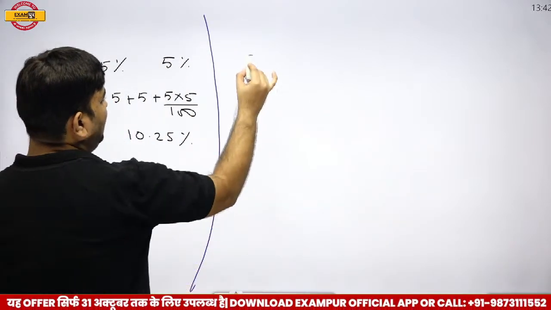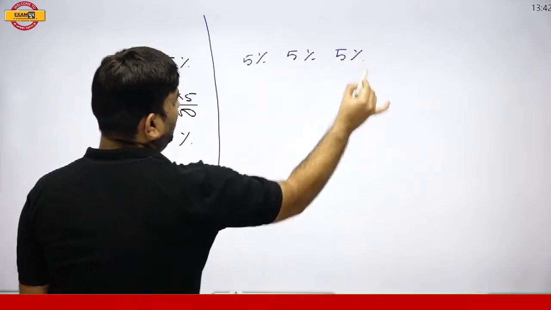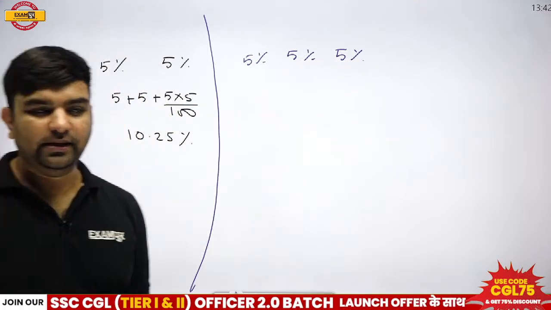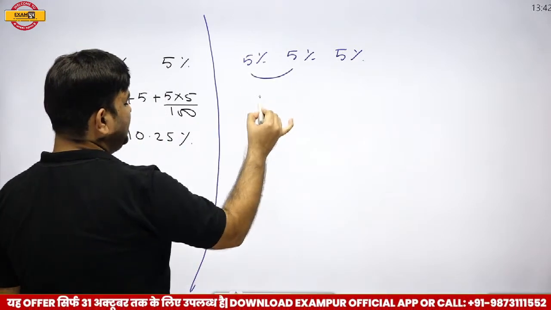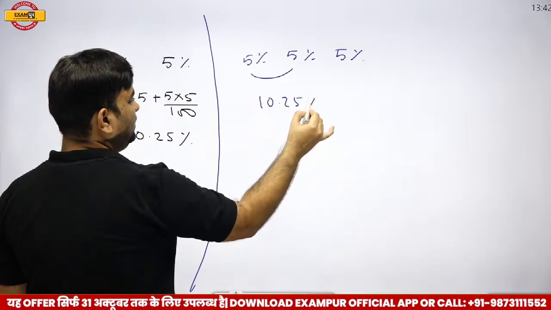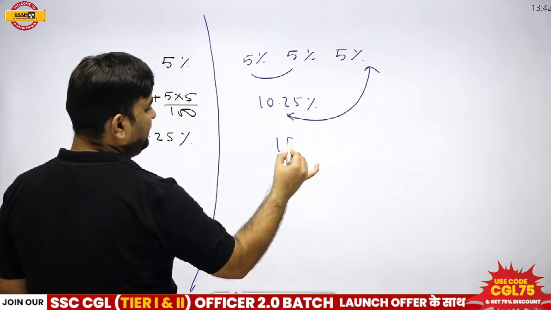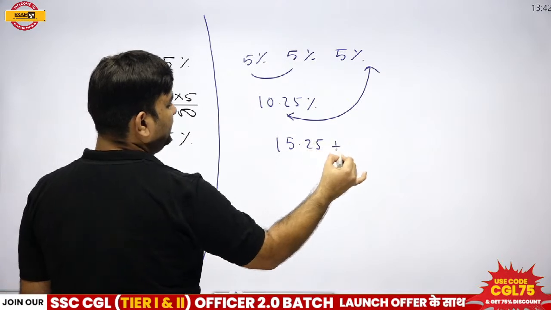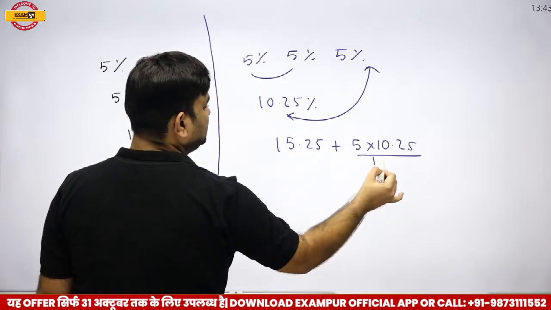But when we calculate the effective of 5, 5 and 5, obviously we cannot do 3 at a time. So we just remember that 5 and 5 is 10.25. Now we calculate the effective between these two. So it is A plus B, 10.25 plus 5 plus 5 into 10.25 divided by 100.